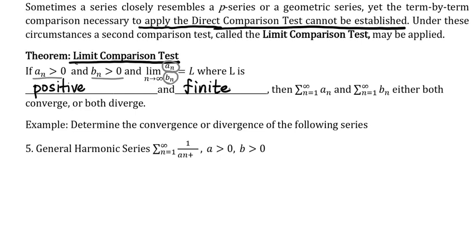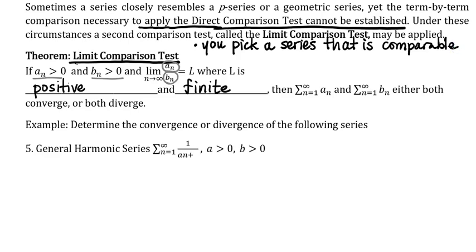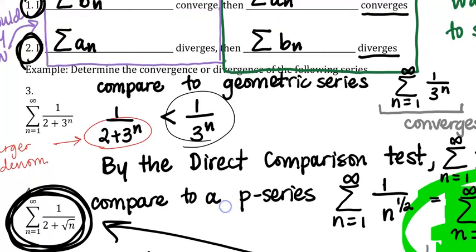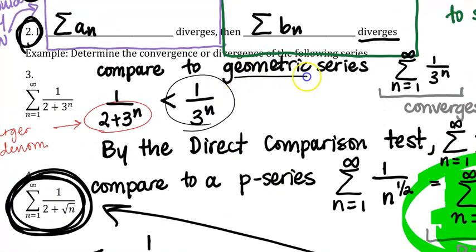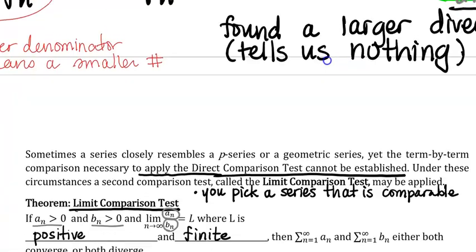So the way this test will work is that you need to pick a series that is comparable. All I mean by that is it should be a good series that you want to compare to. The same way that up here we compare to a geometric series, and over here in the fourth example we compare to a p-series.